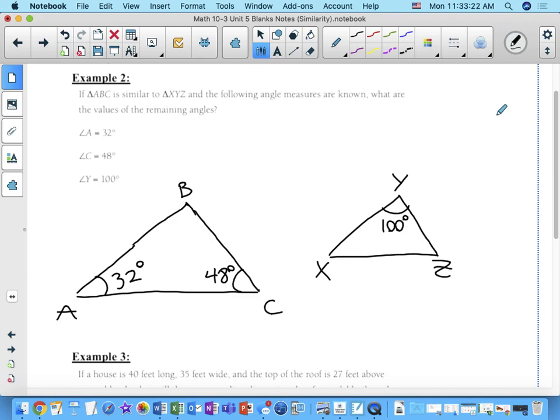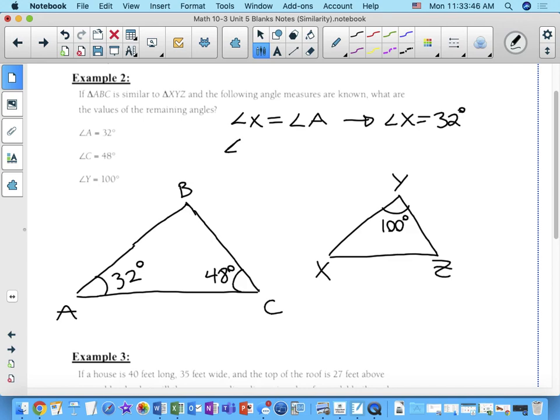Okay, so with that knowledge, what does angle X have to be? 32 degrees, yeah. So angle X has to equal angle A, which means angle X equals 32 degrees. Okay? What about angle Z?